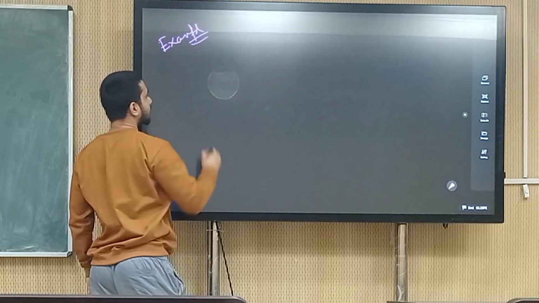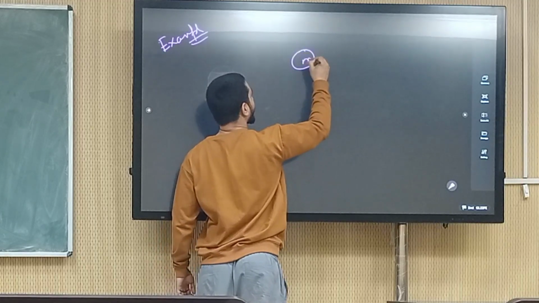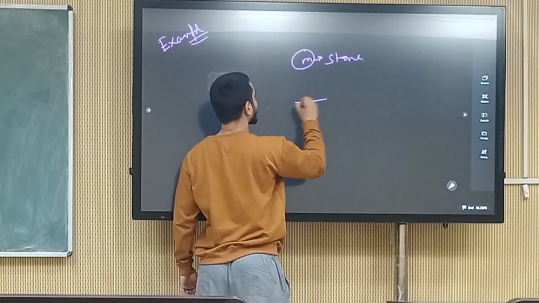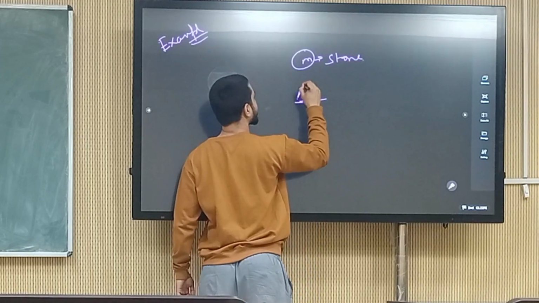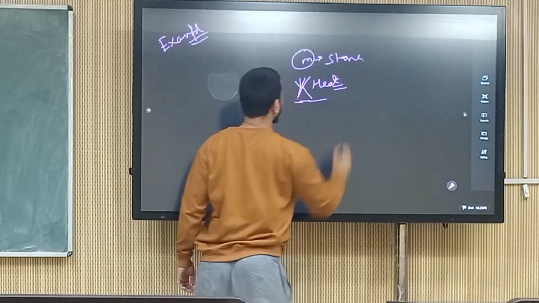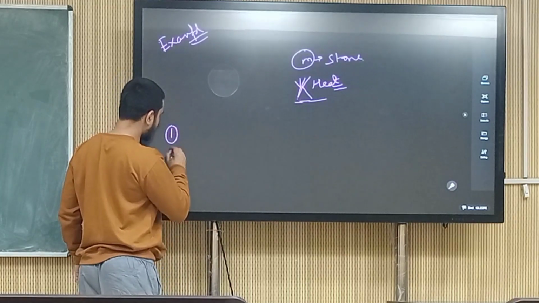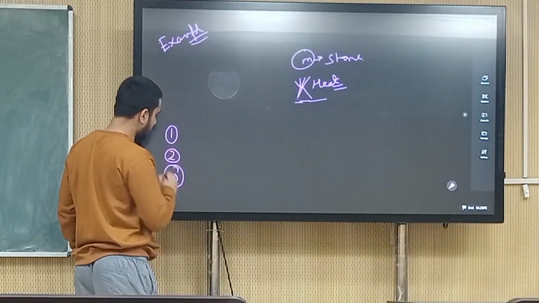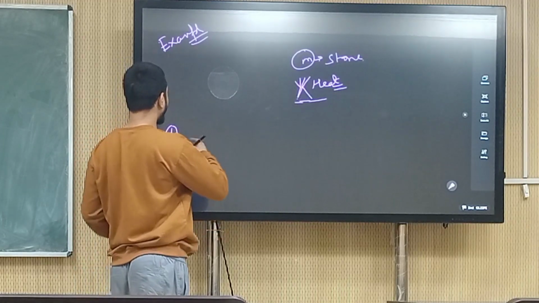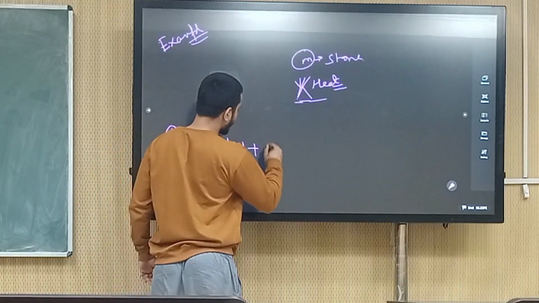Suppose there is an example from these laws. Suppose there is a substance which has a mass m, and this is a stone, and we are giving heat to the system. From this we studied three laws: first law, second law, and third law in thermodynamics. The third law states that entropy is 0.